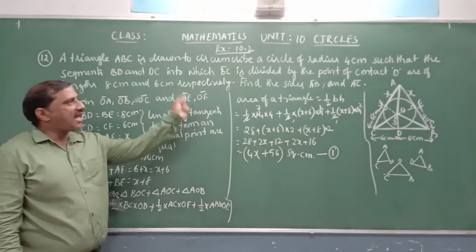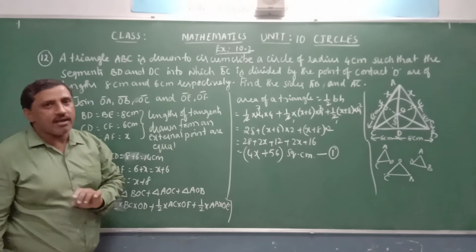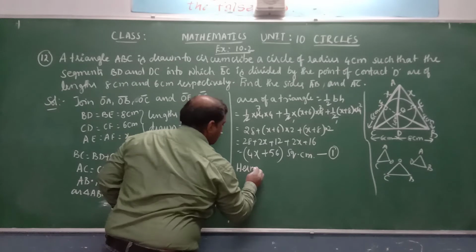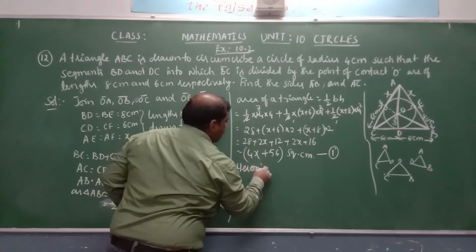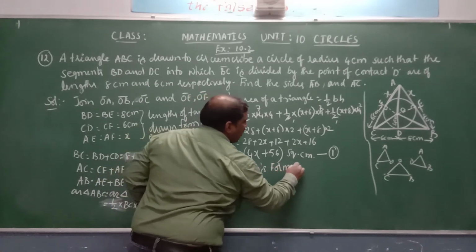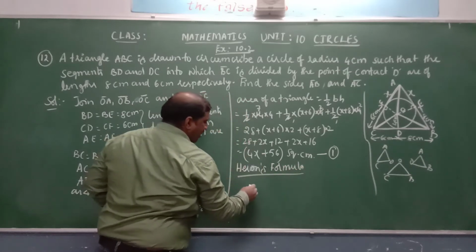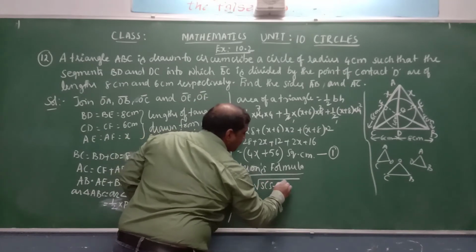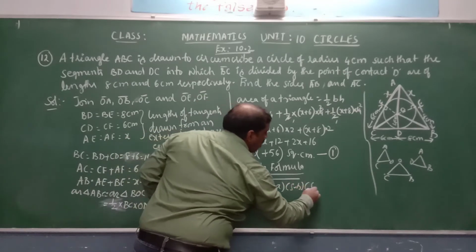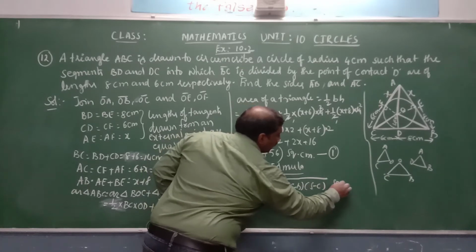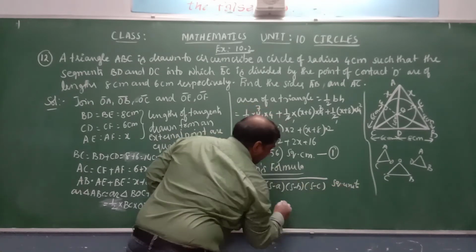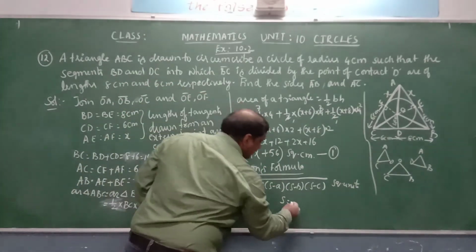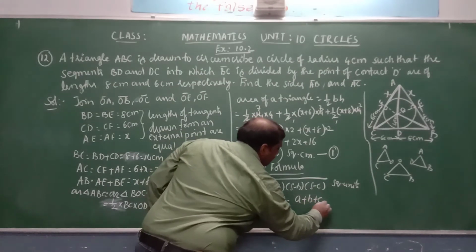Now find the area of triangle ABC by using Heron's formula. What is Heron's formula? Area of a triangle is equal to the square root of s into s minus a into s minus b into s minus c square units, where s is the semi-perimeter, that is half of the perimeter of triangle ABC. s is equal to a plus b plus c by 2.